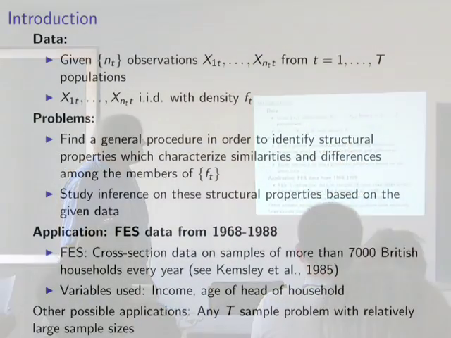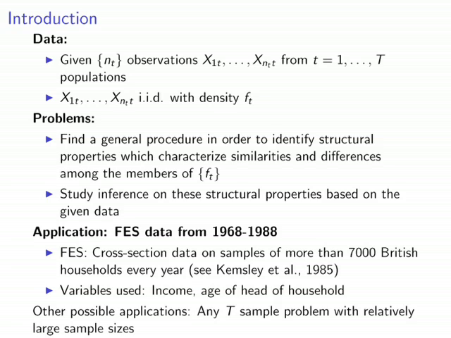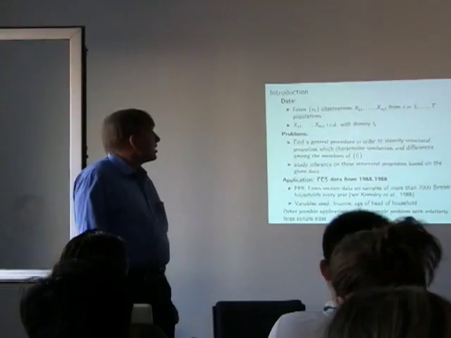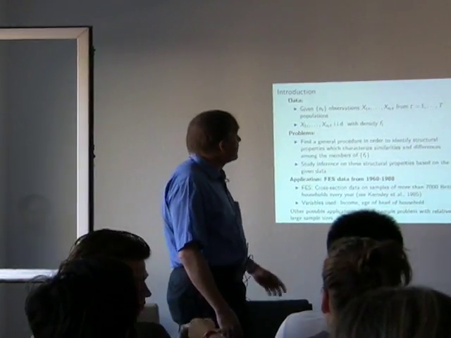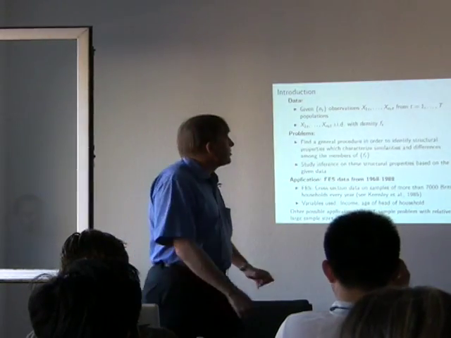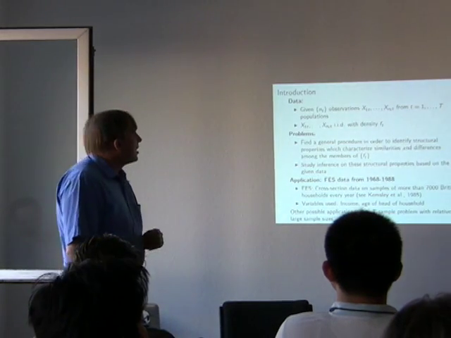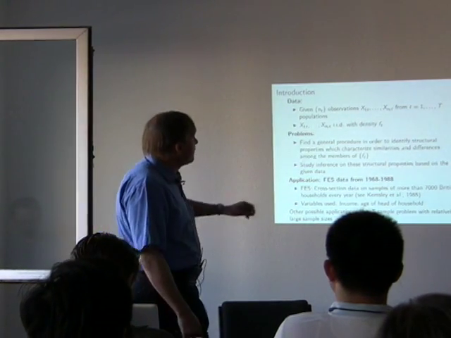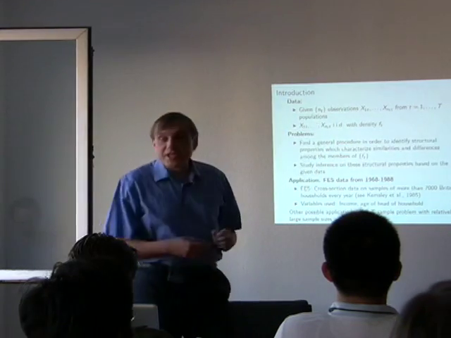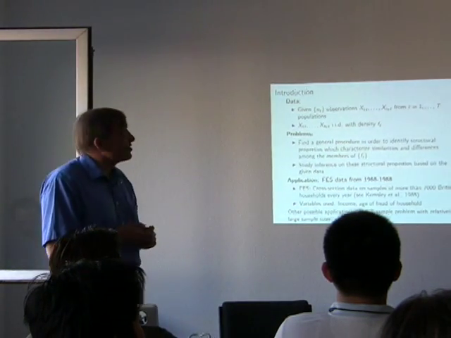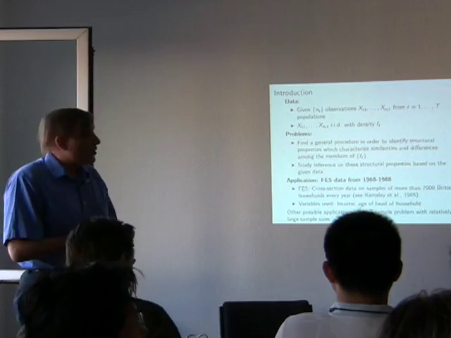So, what's the problem I consider in this paper? You want to compare different densities, different distributions. So what you have here is capital T different populations. And for each population, you have a number, which I call NT, of observations, x1t to xntt.